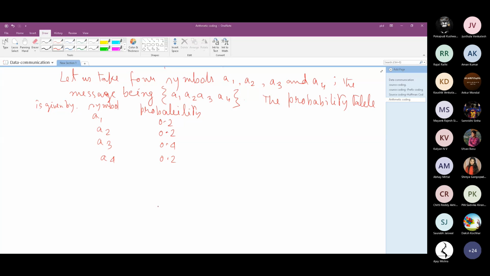Often this probability table is refreshed for a source in a periodic manner. Because if we make it data dependent and the data size is quite large, as is possible with images or video data where the traffic load is considerable, then we can make a probability table specific to that particular entity and transmit it.